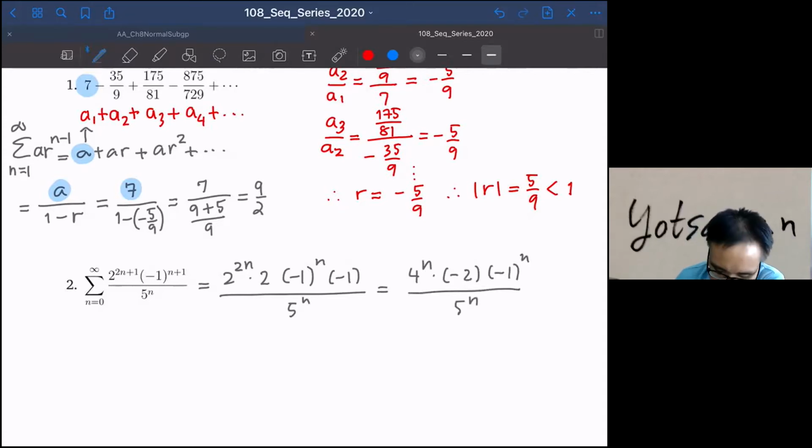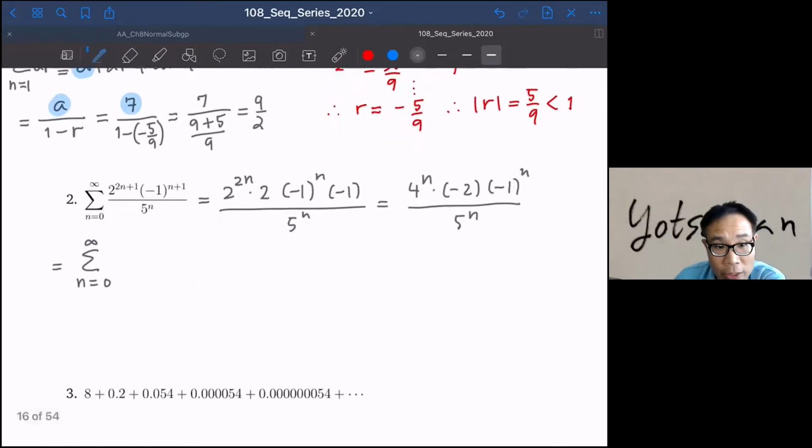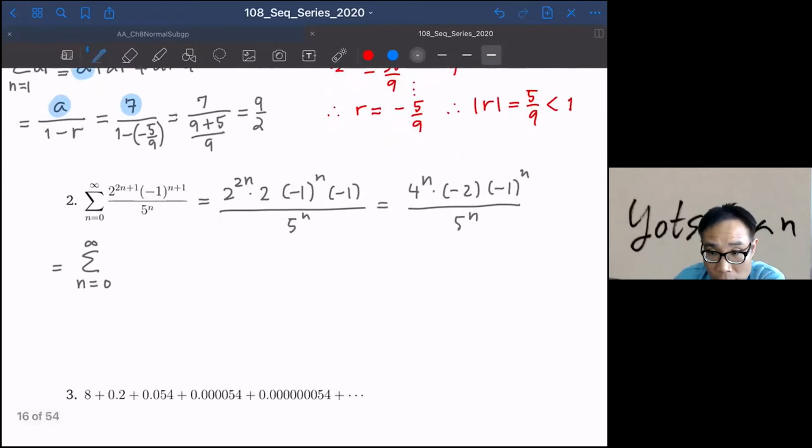So it's not that hard to do. It's going to be just the series n equal to 0 to infinity. And you're going to see that we can combine this term, this term, and this term together to get negative 2, and you get negative 4/5 to the n.